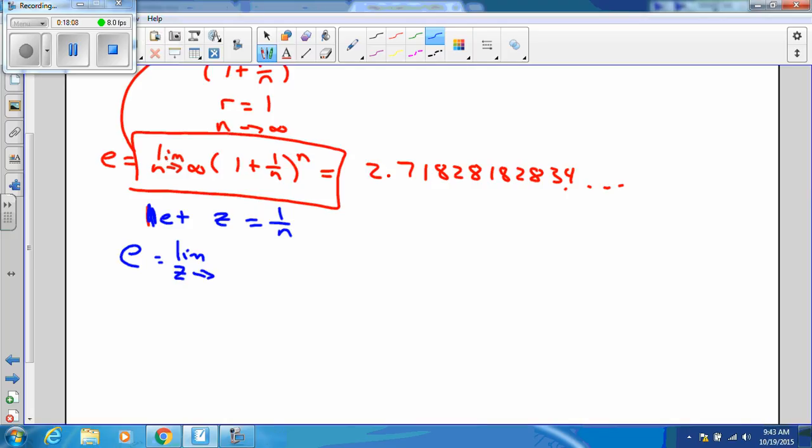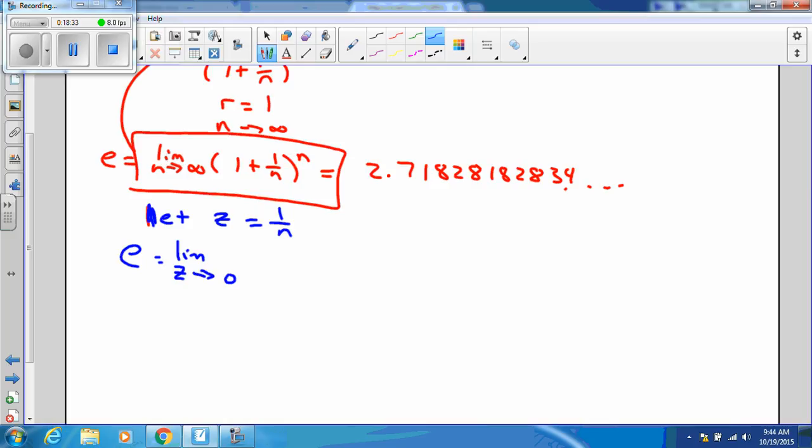Okay? So the limit as z goes to what? Well, you can just plug in the 0. As z goes to 0, that's right. To determine what z is going to, you let n go to infinity and ask what is z headed towards. You seem dubious on that.